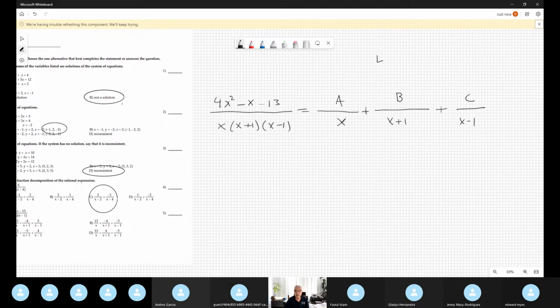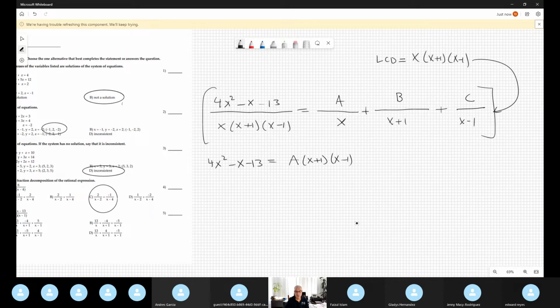Okay, now the least common denominator is x times (x plus 1)(x minus 1). When you multiply everything by the LCD, stay alive: 4x squared minus x minus 13 equals a times (x plus 1)(x minus 1), because the only thing it cancels is this x and this x, plus b times x(x minus 1), plus c times x(x plus 1).